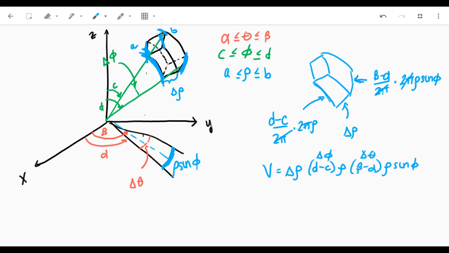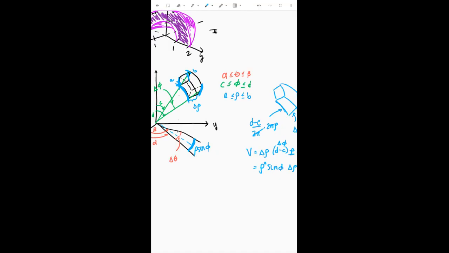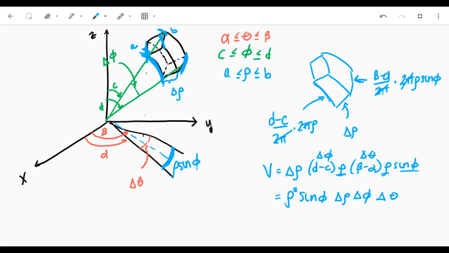So what we're left with is rho squared sine phi times delta rho delta phi delta theta. That'd be the volume of one of these little wedge pieces. Just like all the other times that we've done integrals, we have to think about having these infinite wedge pieces.